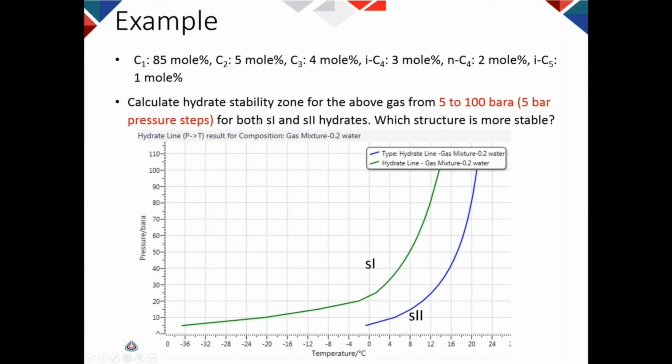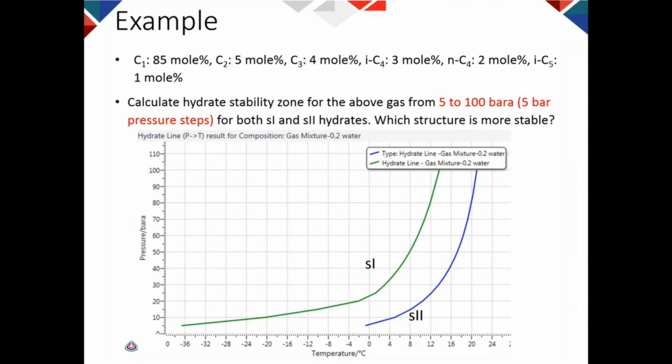So here I'm plotting the hydrate phase boundary for structure 2 and structure 1 using this gas mixture. If the operating condition is here, then only structure 2 forms. If it is here, then there is potential for both structure 1 and structure 2 forming. So that's something that can be important when we are trying to prevent hydrate formation.